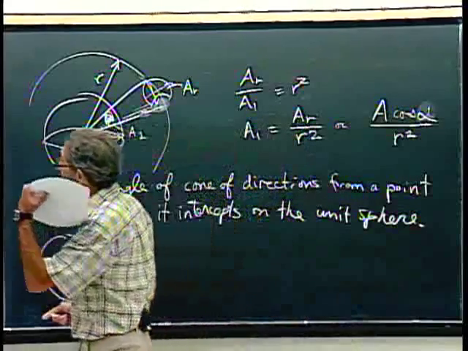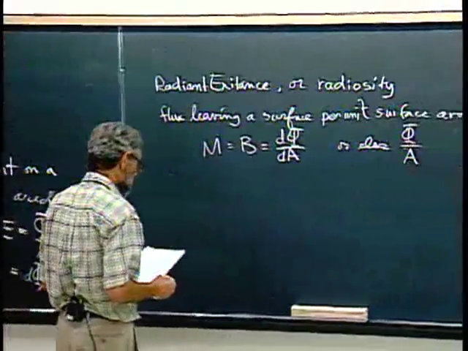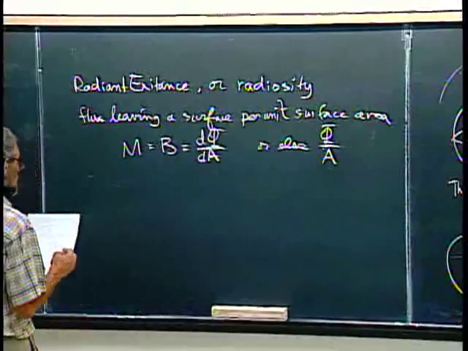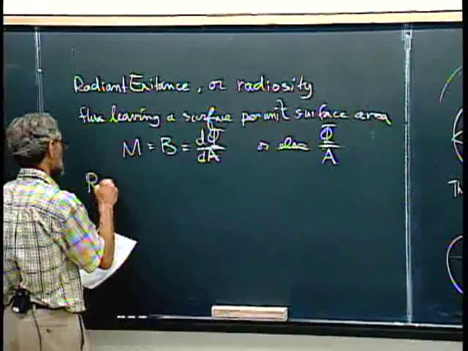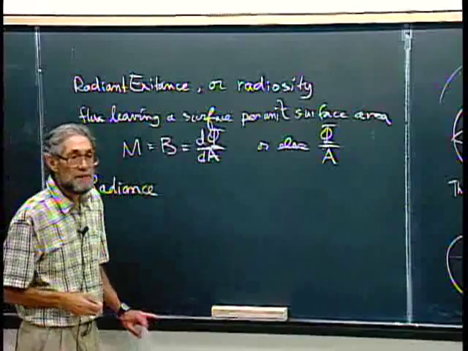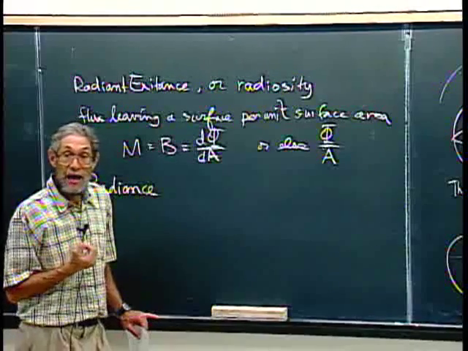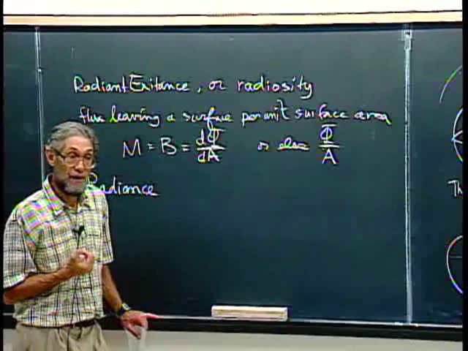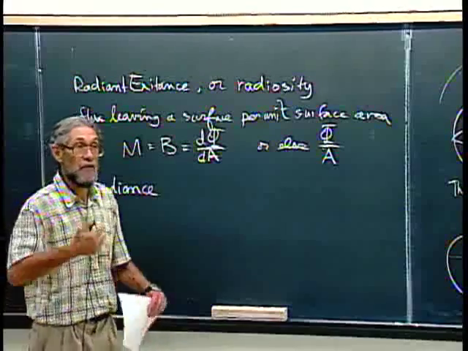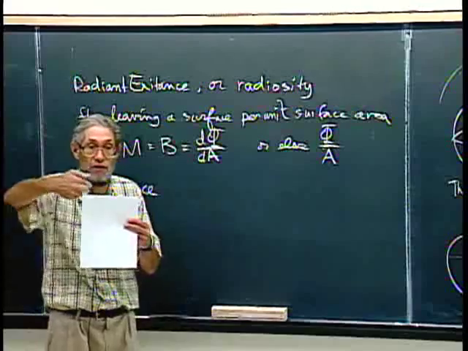Okay, so now maybe I can go back to this board and define radiance. Radiance is how bright something appears. And that means it's flux per solid angle per unit area. Right? So suppose I have a beam of light coming from the sun, and I hold this piece of paper so it's perpendicular to the sun's rays.